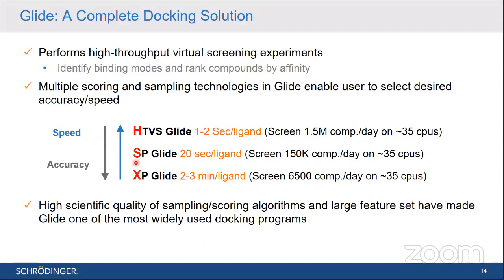Then there is standard precision, where the precision of molecular docking increases but the speed becomes less than the high throughput virtual screening method, around 10 to 20 seconds for each ligand. If you go for further precision, you will have the extra precision docking algorithm, which takes 2 to 3 minutes for each ligand to be docked inside the protein structure.